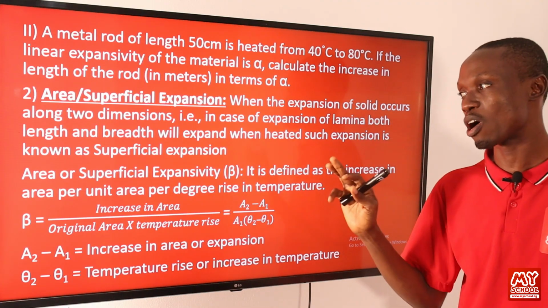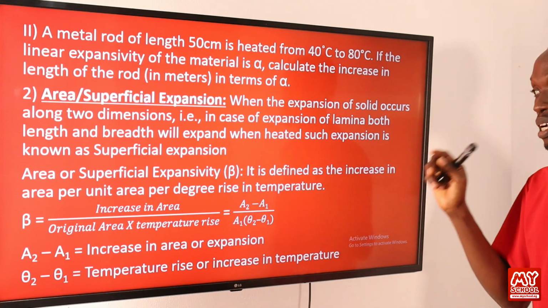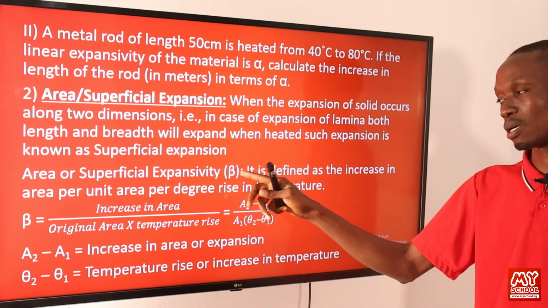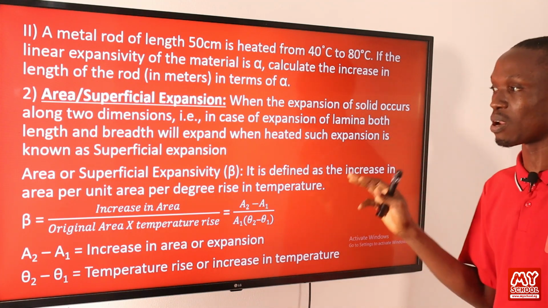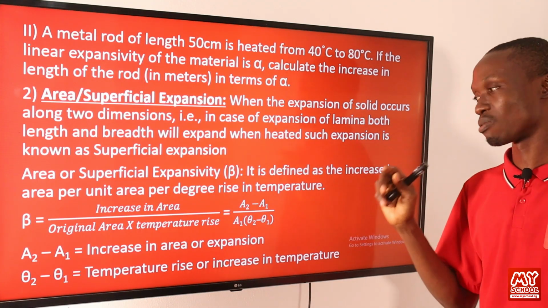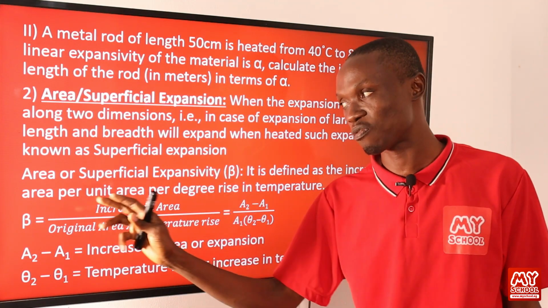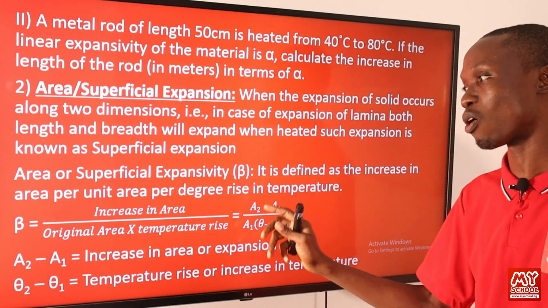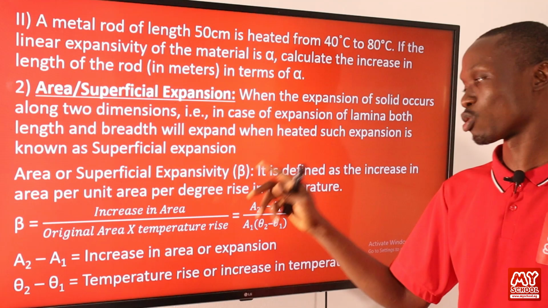So what is area or superficial expansivity? Area or superficial expansivity is denoted by beta, and it is defined as the increase in area per unit area per degree rise in temperature. Mathematically, superficial or area expansivity is given as increase in area over original area times temperature rise.